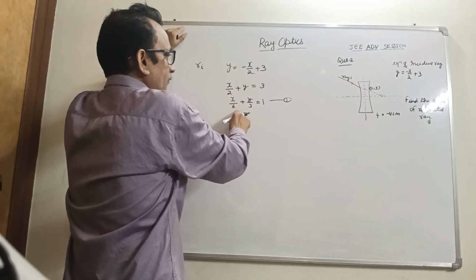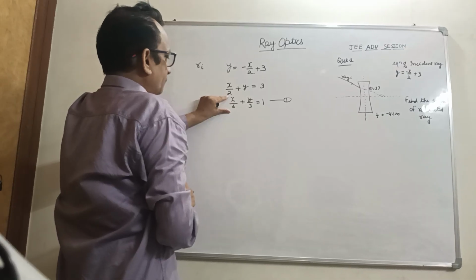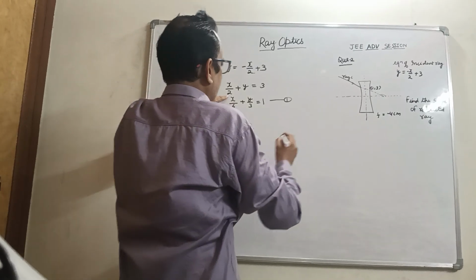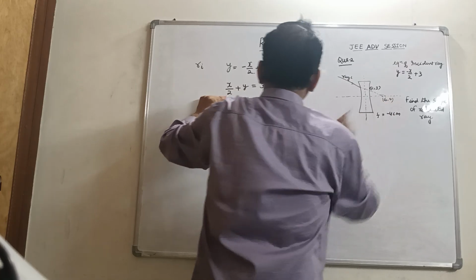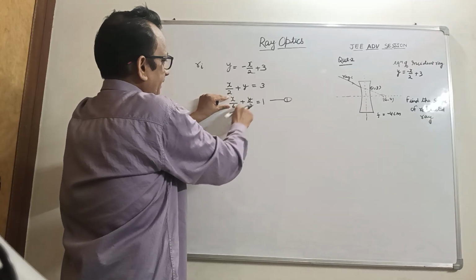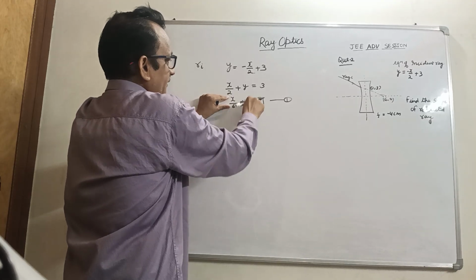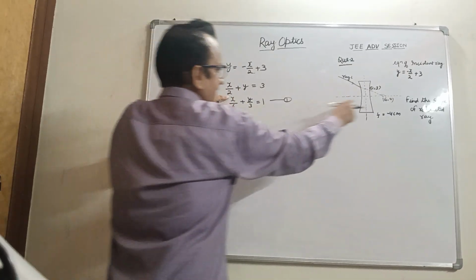So the value of the intersect of the x-axis would be 6 comma 0. x upon intercept plus y upon intercept. So the intercept of y is 3, the intercept of x is 6.